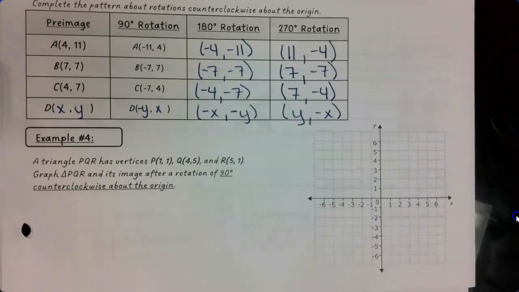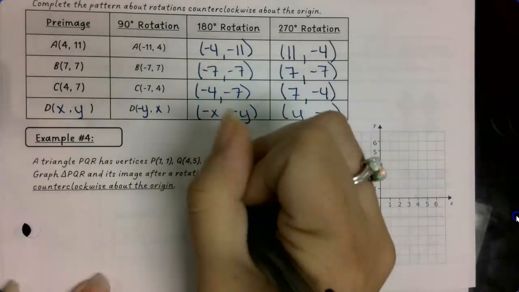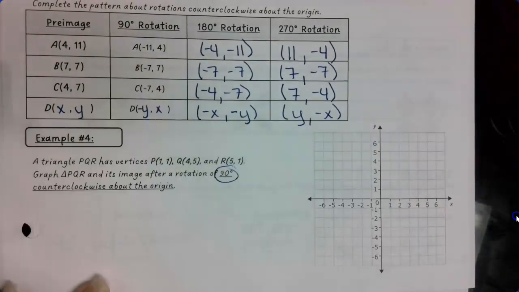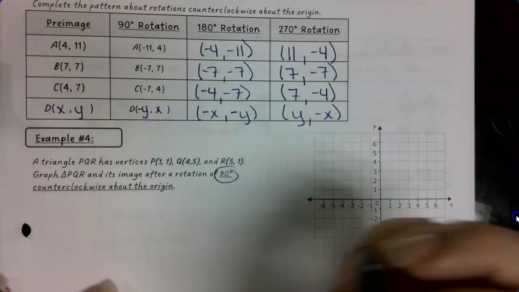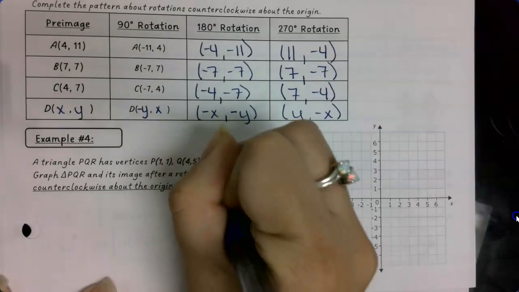So number 4 gives me these points, and it tells me it's doing a 90-degree rotation. So I'm going to follow the rules of switching x and y and making the first one negative.